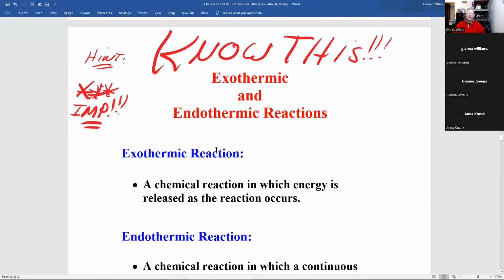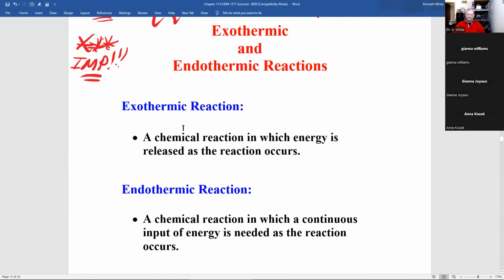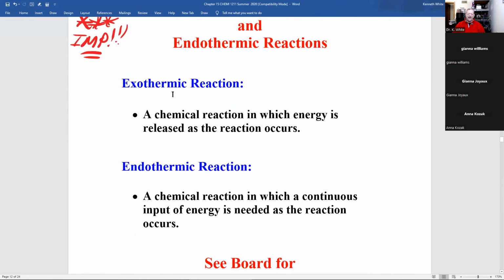When we talk about reactions, one way of classifying chemical reactions is by the terms exothermic and endothermic. An exothermic reaction is a reaction in which energy is released as the reaction occurs.